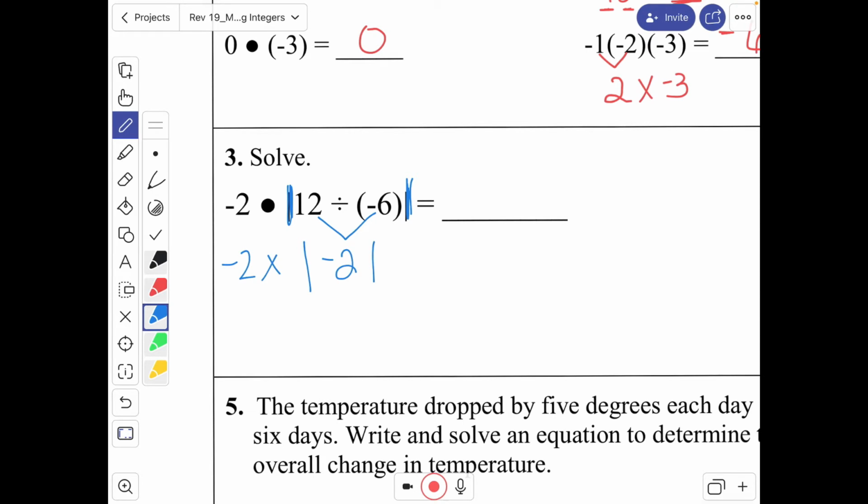Now, absolute value means how far it is from 0. So like how many spaces is negative 2 from 0? And the answer is always positive. So the absolute value of negative 2 would be positive 2. So negative 2 times positive 2 makes negative 4.